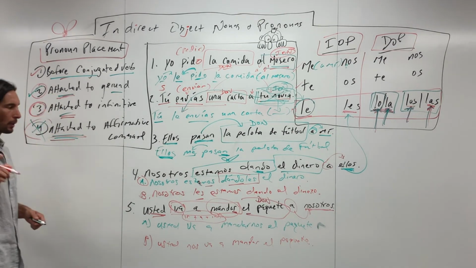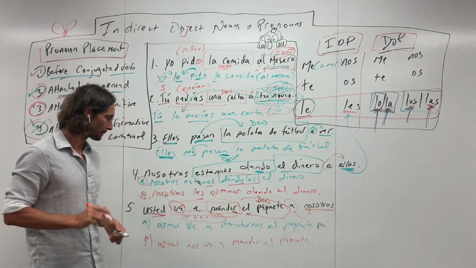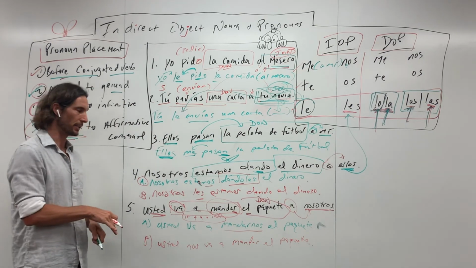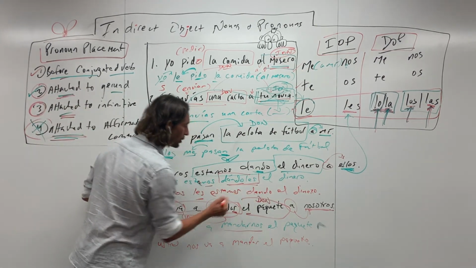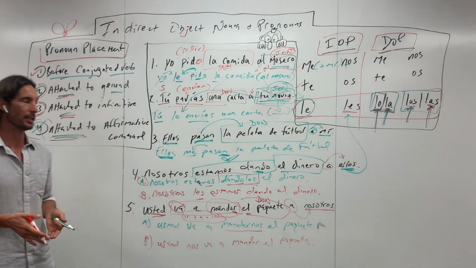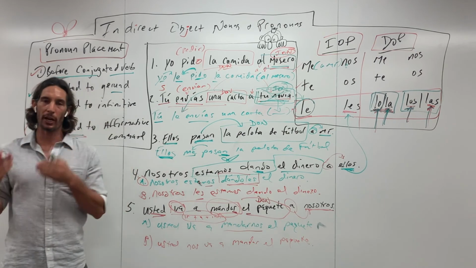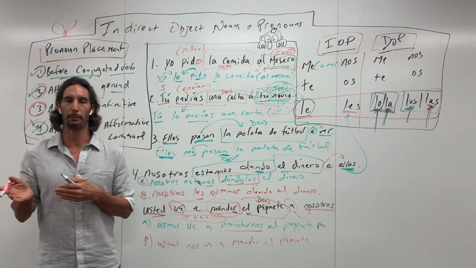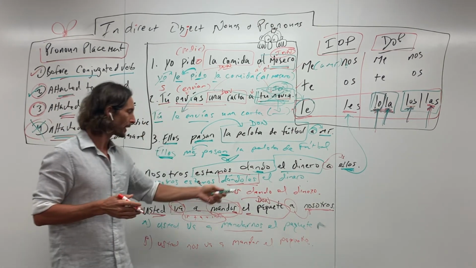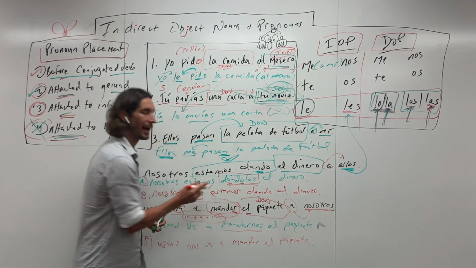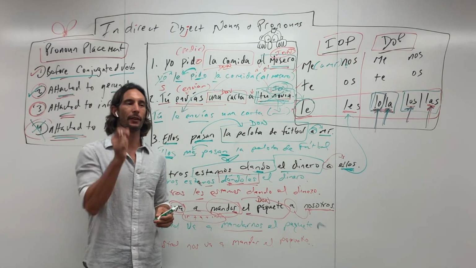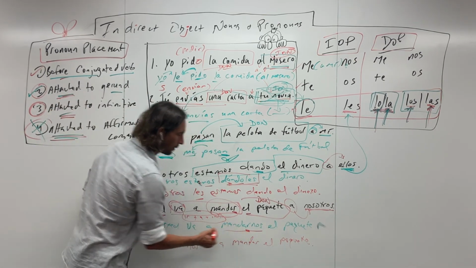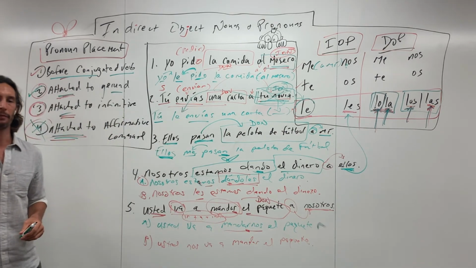Now, I want to draw your attention to one last thing. Notice that we have mandarnos, but no accent. But here we have dándoles, for example, with an accent. So if it is a gerund and you attach a pronoun, whether double or single object pronoun, you're going to put an accent over that A for the ando or the E for the iendo. However, that's not the case for adding a pronoun to an infinitive.